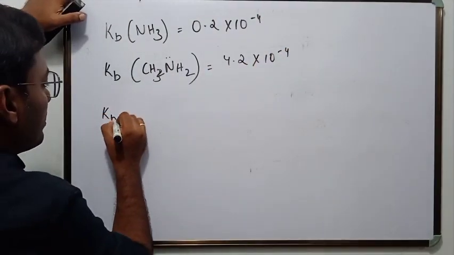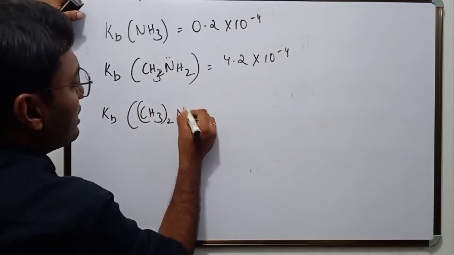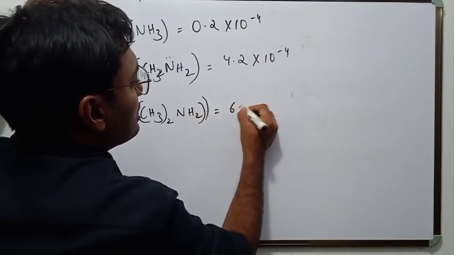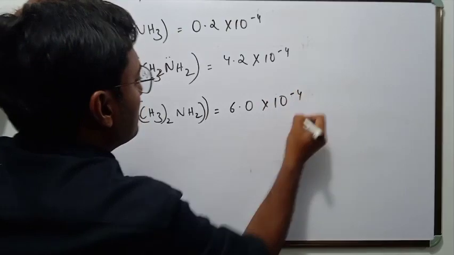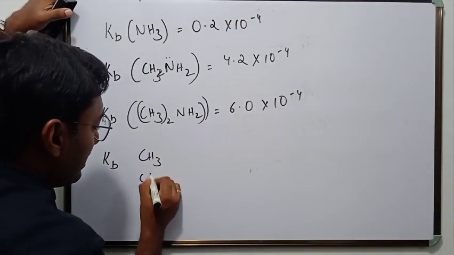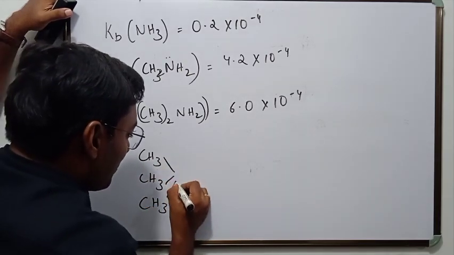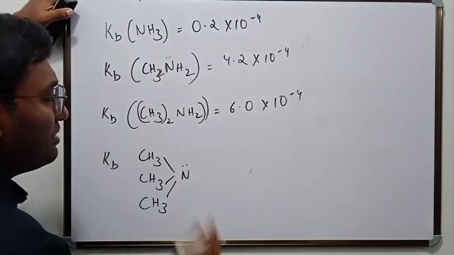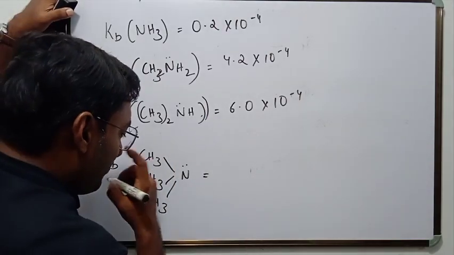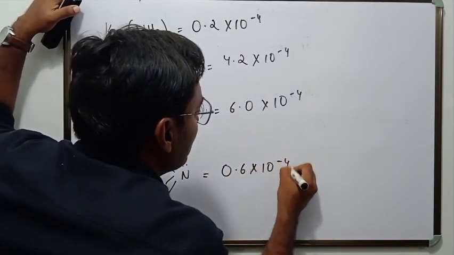Kb for dimethylamine, (CH3)2NH, is 6.0 into 10 raised to the power minus 4. Kb for trimethylamine is 0.6 into 10 raised to the power minus 4.